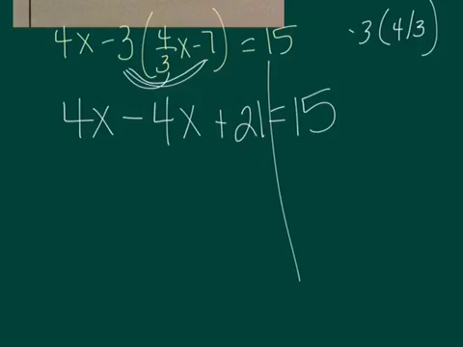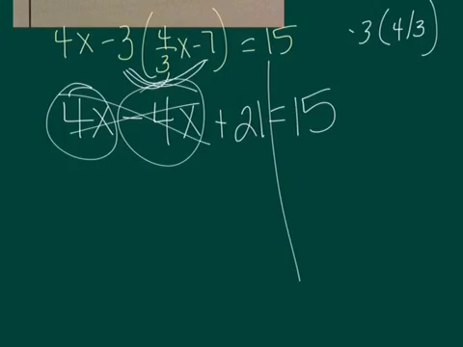Okay, 4x minus 4x. What happens here? They cancel each other out, right? So that's 0. I'm left with 21 equals 15. Is that true? Does 21 equal 15? I hope you're telling me no. 21 does not equal 15. So what's the answer?